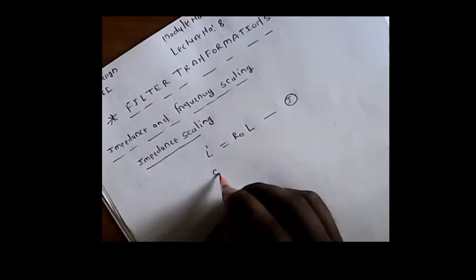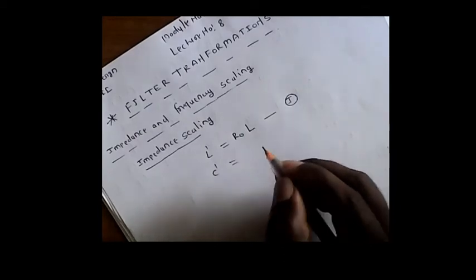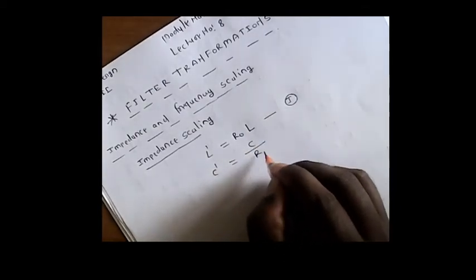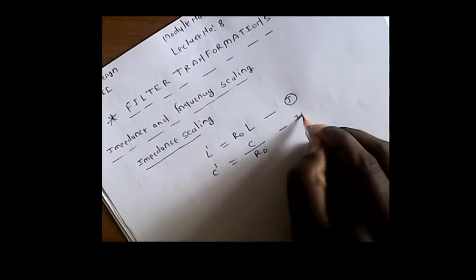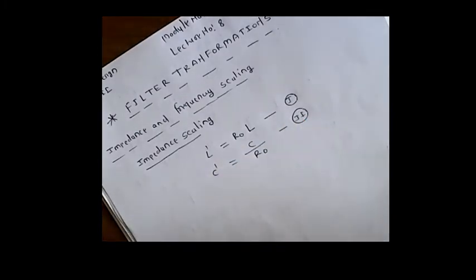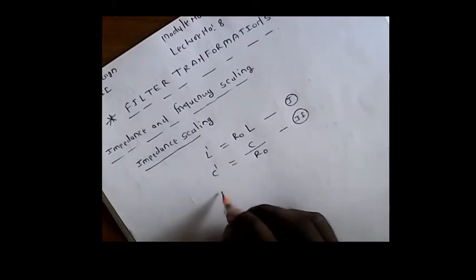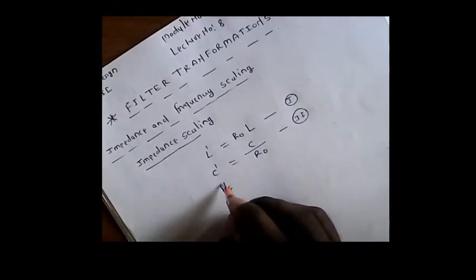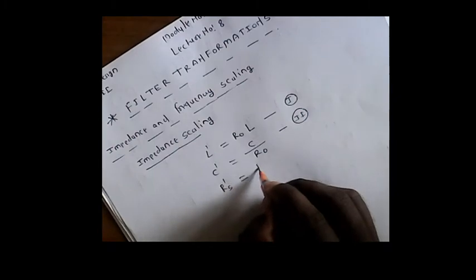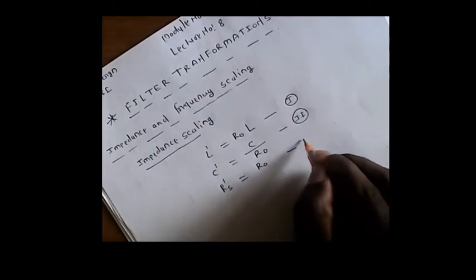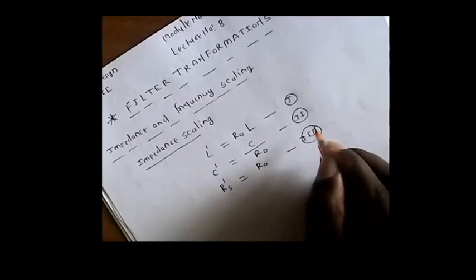The new component value of capacitor, C dash, is C divided by R0, this is equation 2, where R0 is a characteristic impedance. Then the new source resistance Rs dash is equal to R0, that is equation number 3.